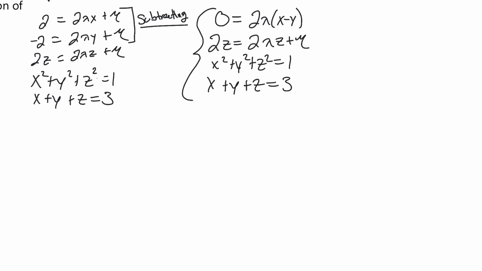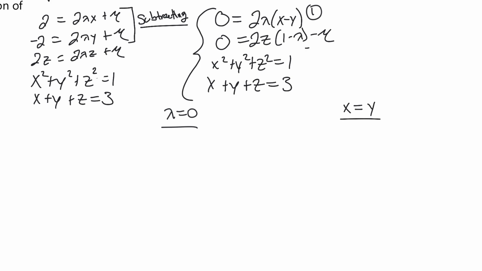We could rewrite this equation so it more mirrors what the first equation looks like, so that would be 2z(1 minus lambda) minus mu. So from equation 1, we can gather that we're going to have two possibilities, two branches: either lambda equals 0 or x equals y.